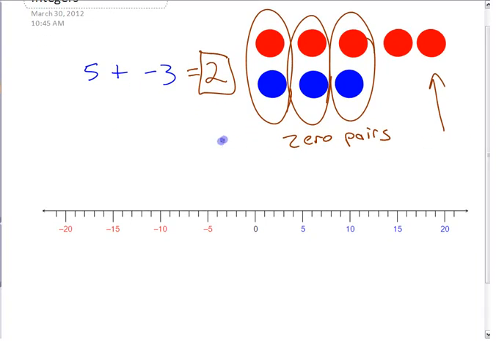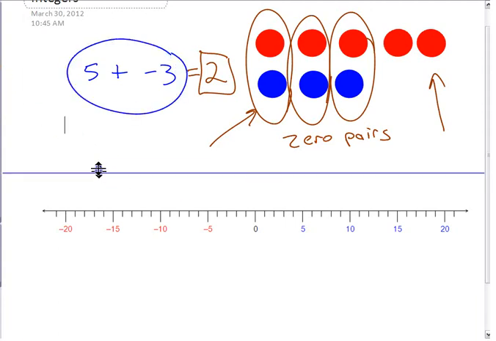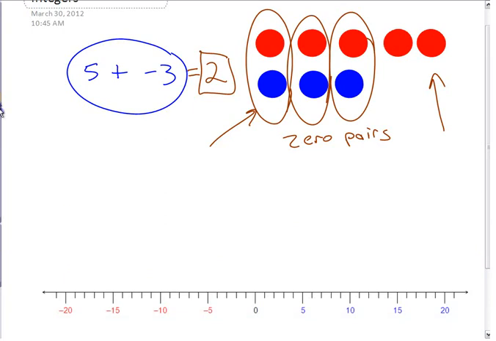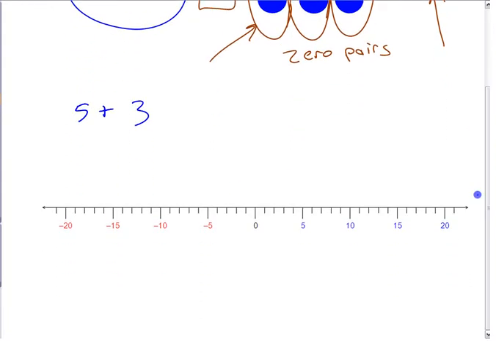I think at some point we're going to abandon using the integer chips, and we're going to think about it on a number line. I think the best way to do it is on a number line for long-term understanding here. If you were doing something like 5 plus 3 when you were in grade 1, you might have used a number line then, but you didn't have this side of the number line.